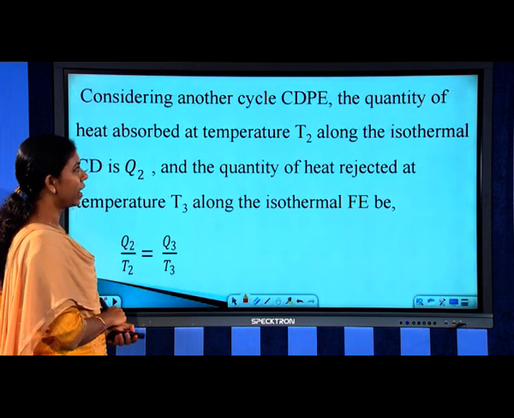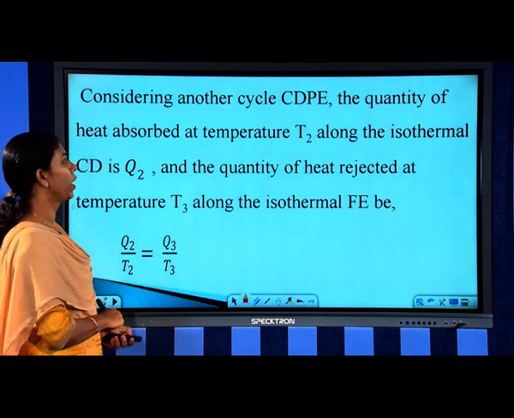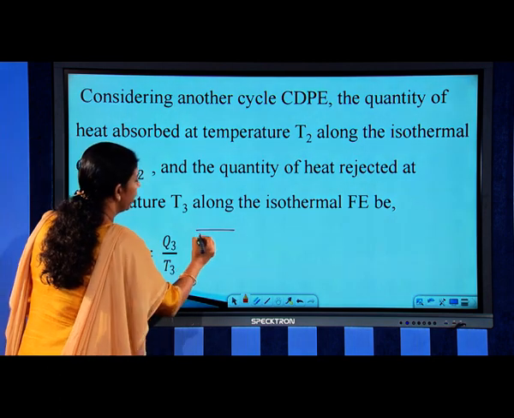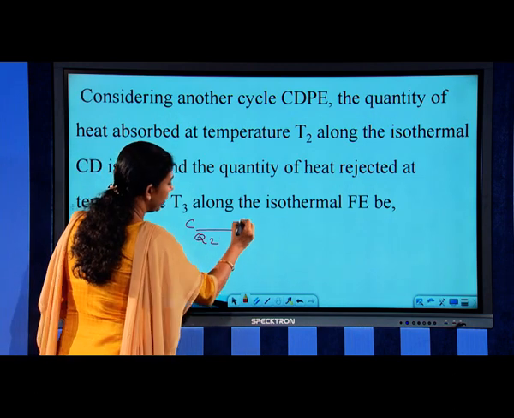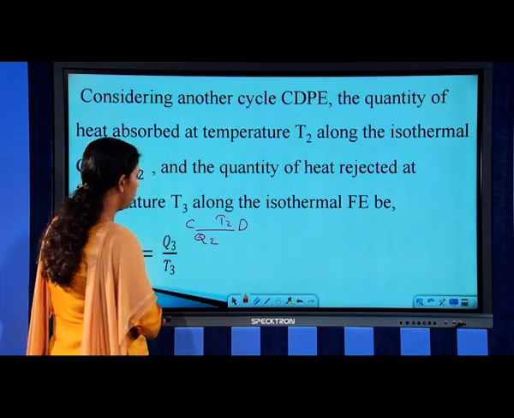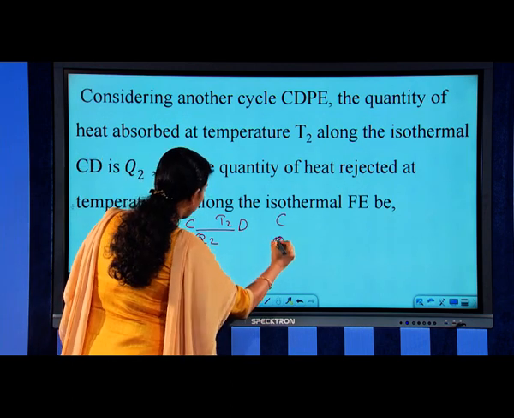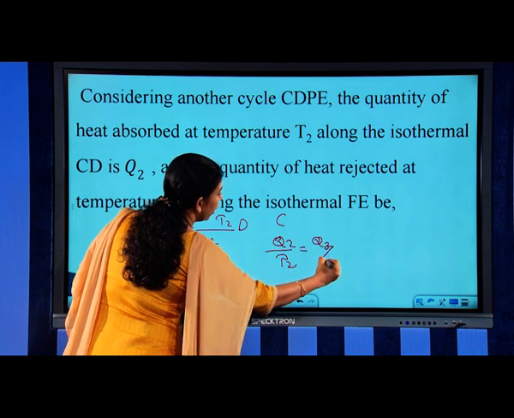Then considering another cycle CDFE, let Q2 be the quantity of heat absorbed at isothermal CD at temperature T2. Then we can write the equation Q2 by T2 is equal to Q3 by T3.